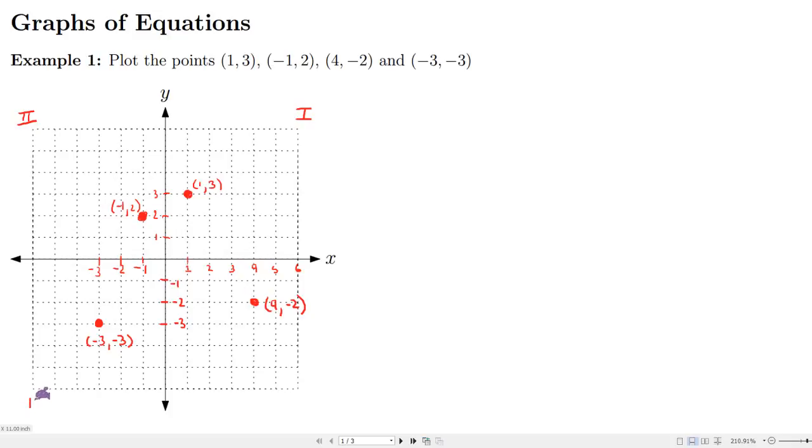Down here, when they're both negative, this is quadrant 3. And over here, this is quadrant 4. It's not absolutely necessary right now that you memorize that. It's just a convention that can be helpful in certain situations, especially in other courses such as trigonometry.